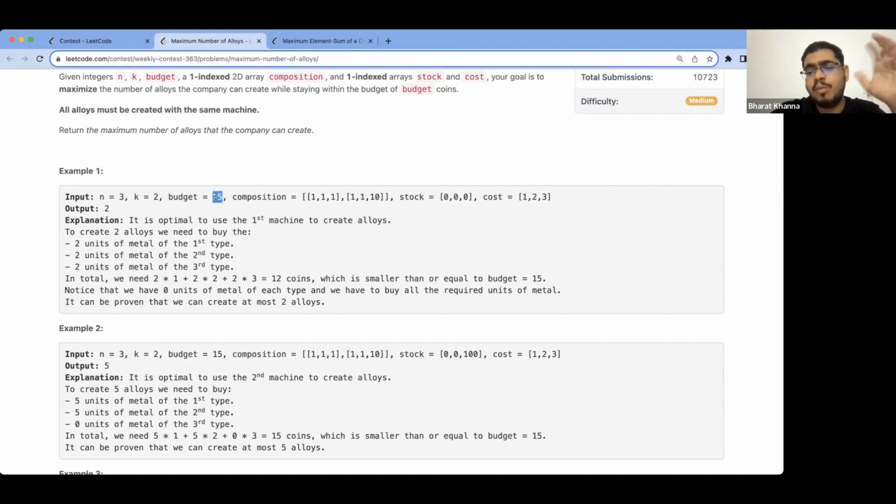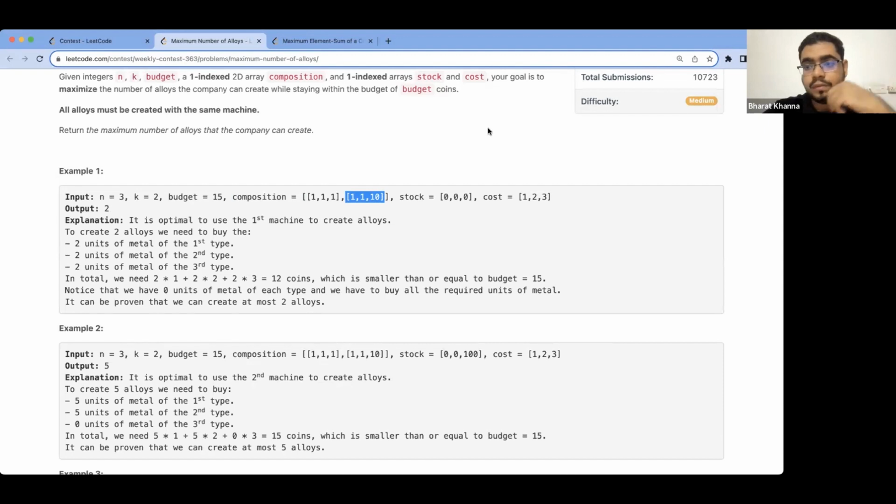Total budget is 15. How many maximum units can we make? 2, right? Because as soon as we make 2 of them, we spend 12 rupees. If we want to make 3, we will have to spend 18 rupees, which we don't have, right? So if we choose this machine, we would be able to make only 2 alloys. What about this machine?